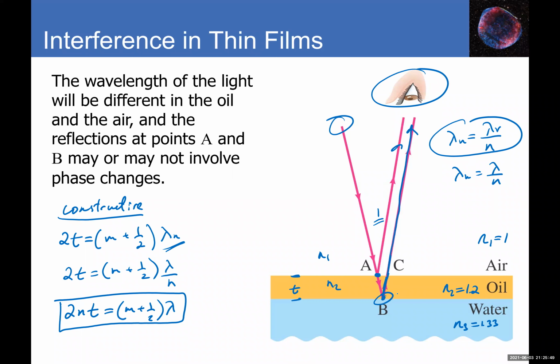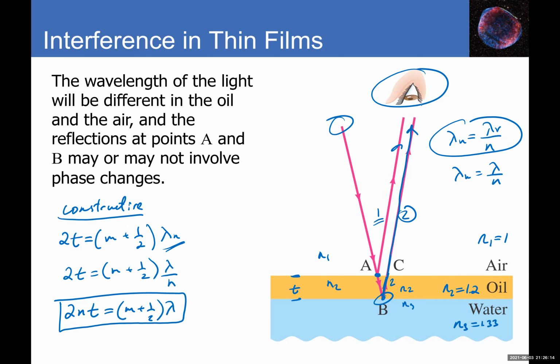At point B, ray 2 goes from N2 to N3, and again point B represents reflection from a lower index of refraction to a higher index of refraction. That means this light will also undergo a 180-degree phase change. So both ray 1 and ray 2 undergo a 180-degree phase change.